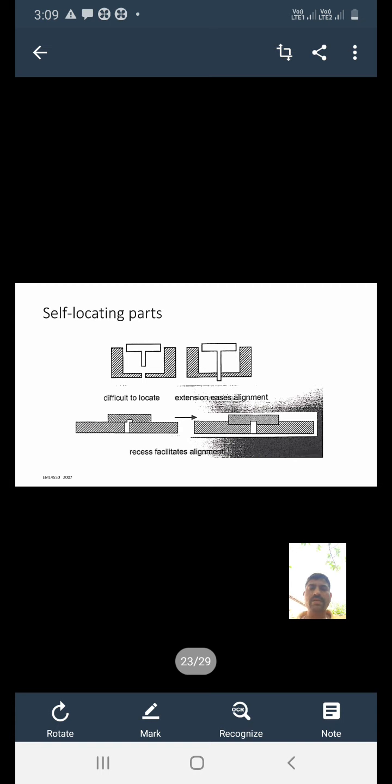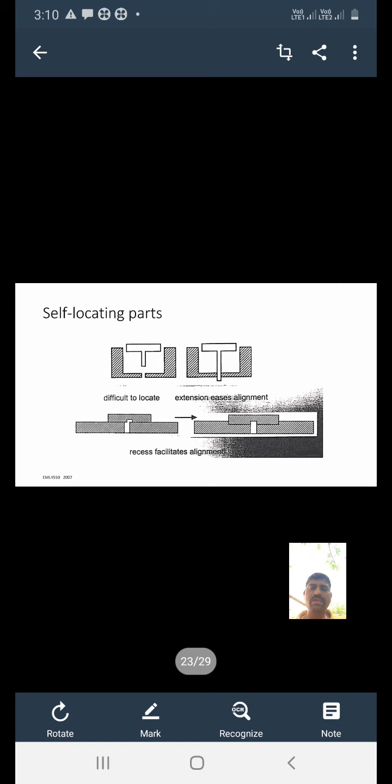Then again, a second example. See, the first is difficult to locate. There is a T given, there is no extension, and the size is also small, the height of that T is very small. In the second figure, extension and axis alignment is given, and they properly touch each other, and we can insert properly in between at the center.